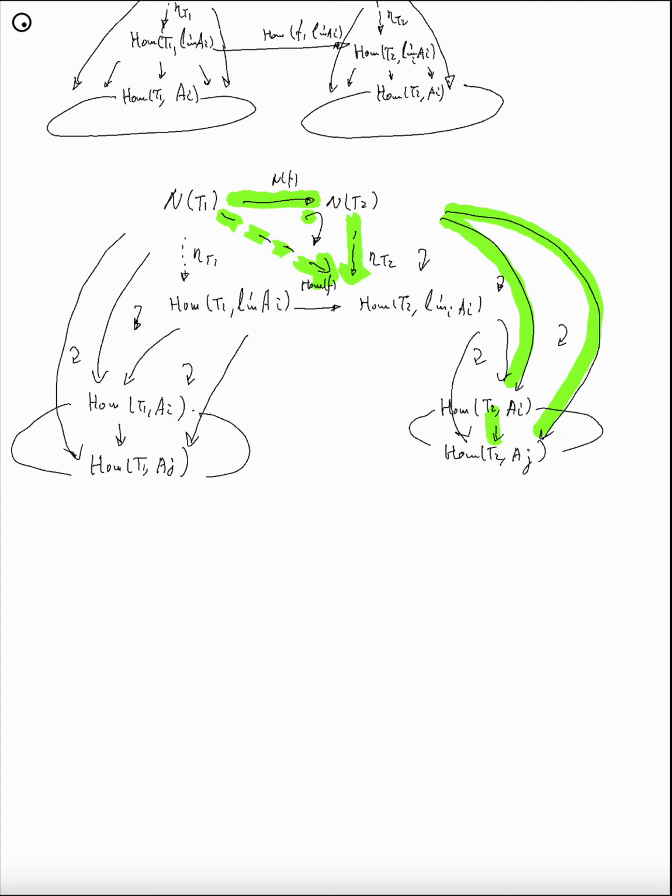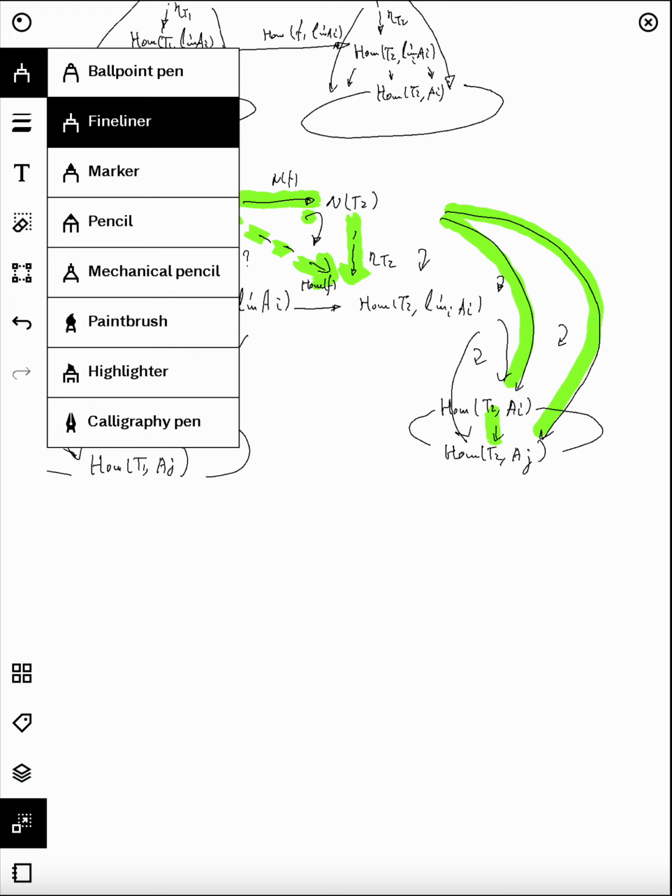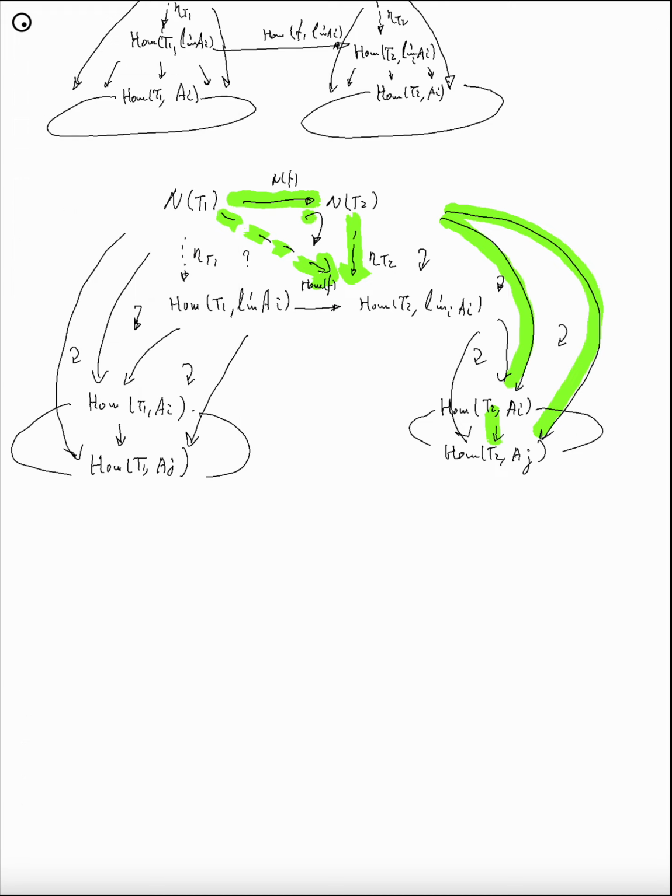Similarly, if we want to check this is also commutative, what we do is that we claim that this also makes that diagram commutative, because we come here and here, come here and here.